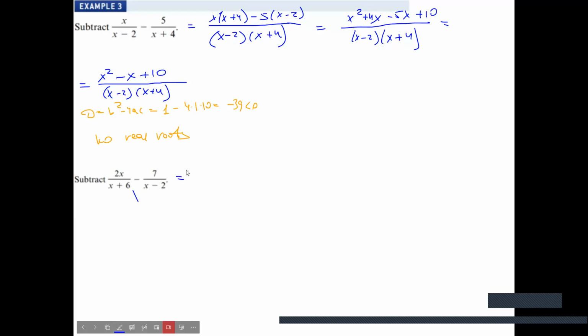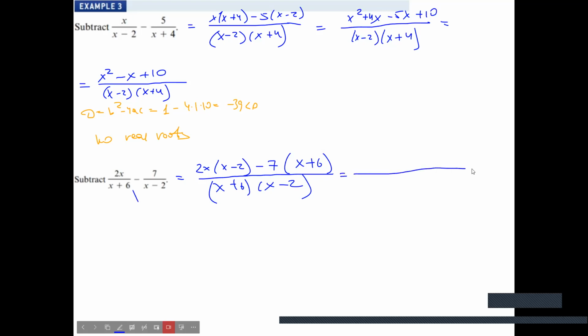This one, 2x, x minus 2, minus 7, x plus 6, over x plus 6, x minus 2. So we okay with that step, guys? Good. So let's open brackets here.